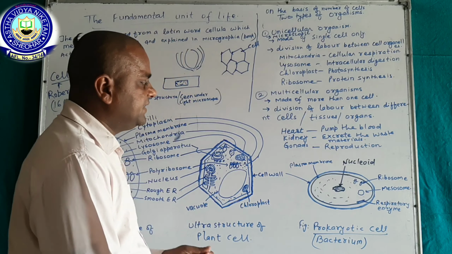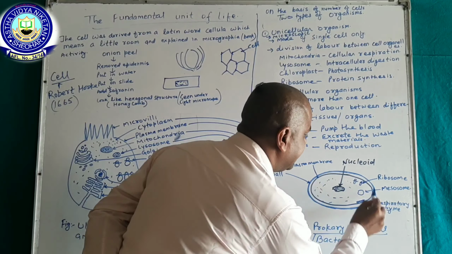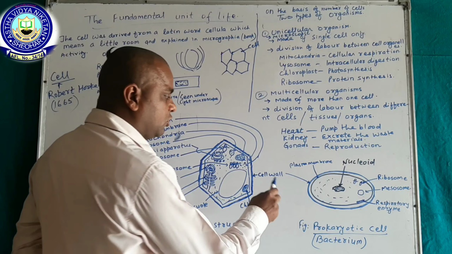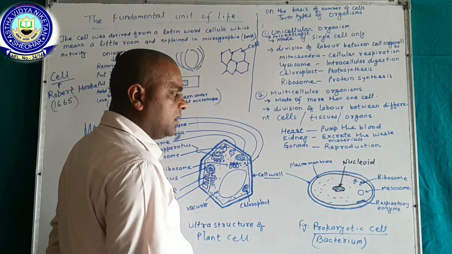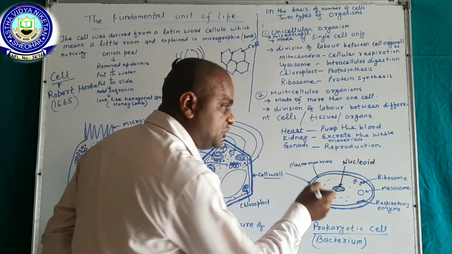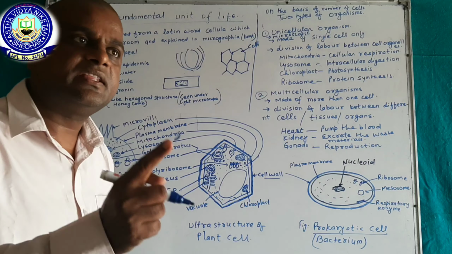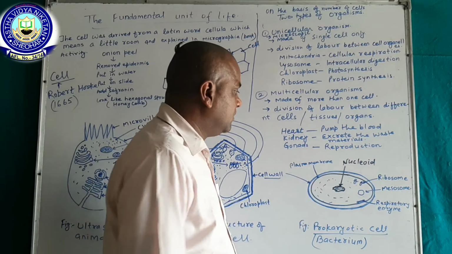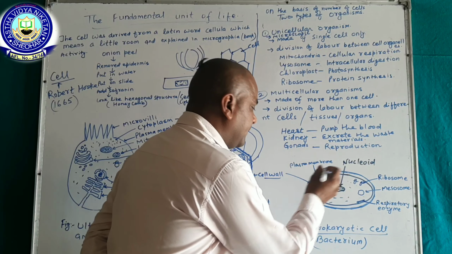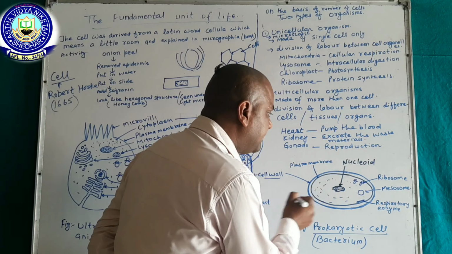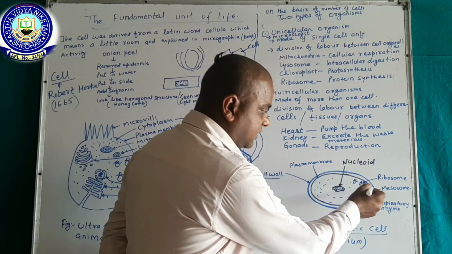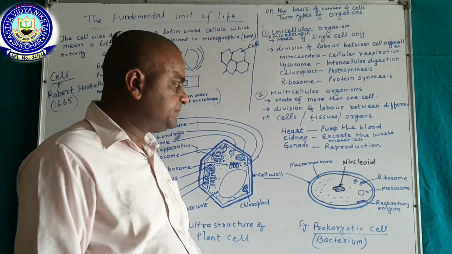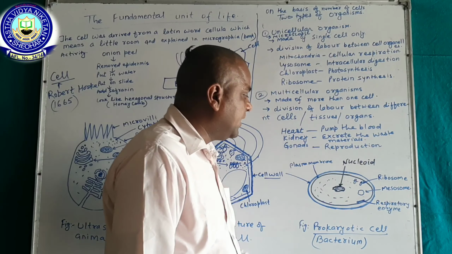The outer covering of the bacterium is called the cell wall. The plasma membrane resides just beneath the cell wall. The plasma membrane covers the cytoplasm. Again, there is a nucleoid.